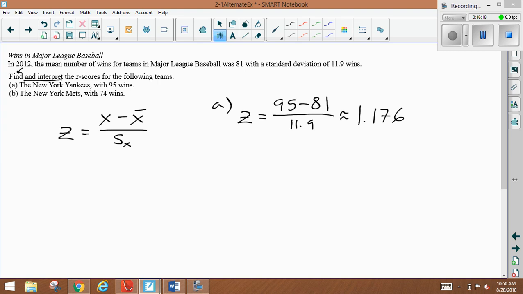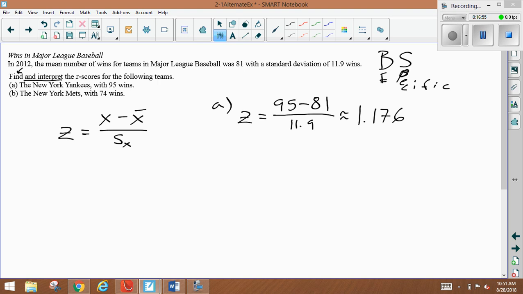And we were asked to find and interpret. So I just did the find part. If I was being told to find and interpret, I have not finished the problem. I need to interpret in context. So we always want to be specific.